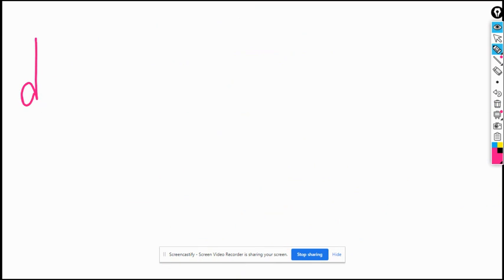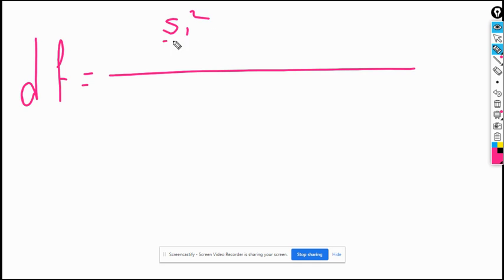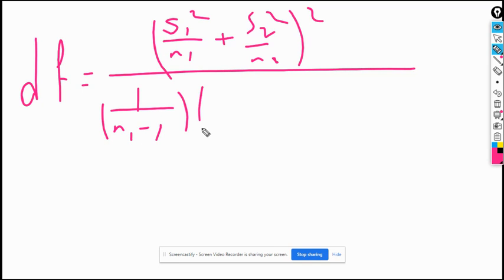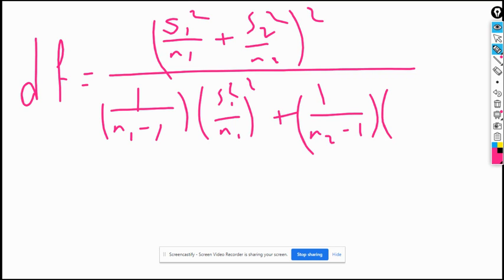Now what about the degree of freedom? So I plug in the formula: (S1 squared over n1 plus S2 squared over n2) all squared, divided by 1 over n1 minus 1 multiplied by (S1 squared over n1) all squared, plus 1 over n2 minus 1 multiplied by (S2 squared over n2) all squared.